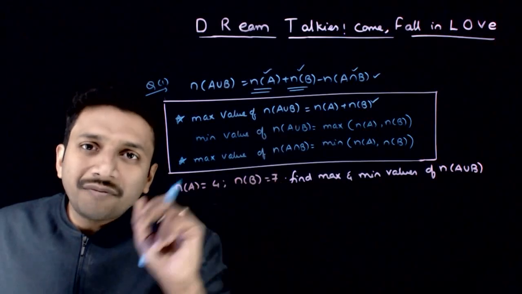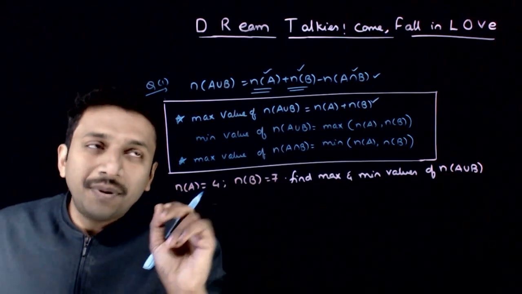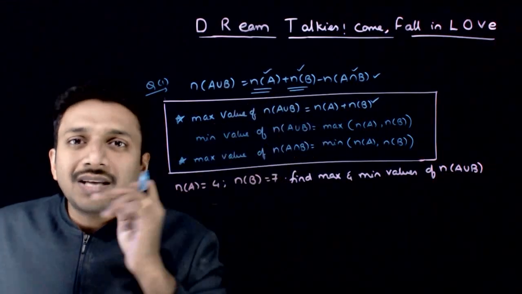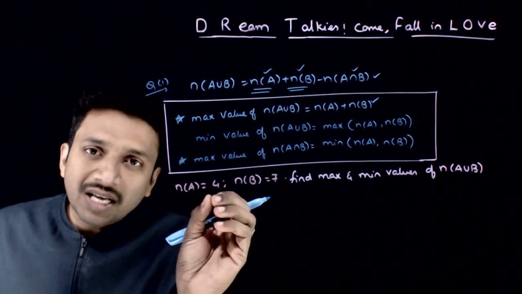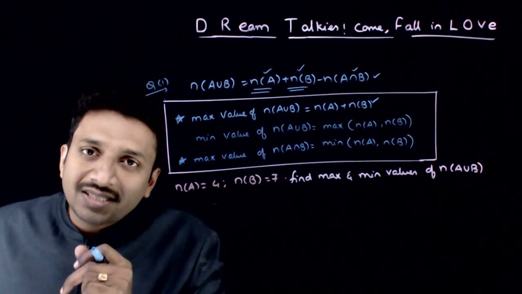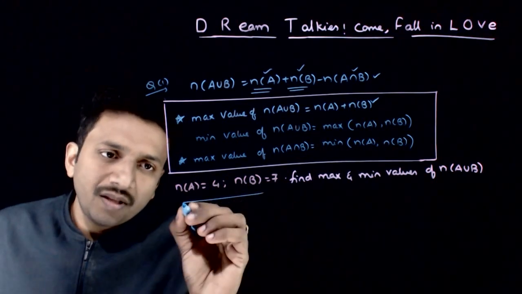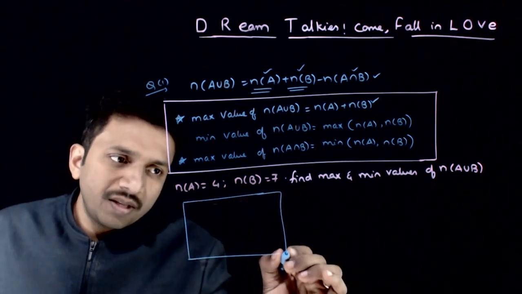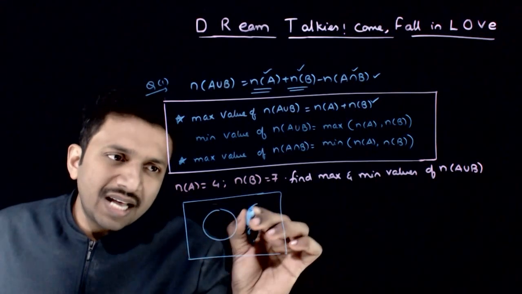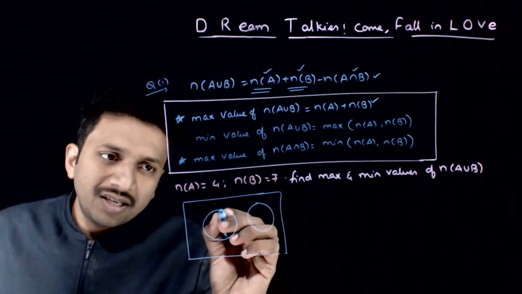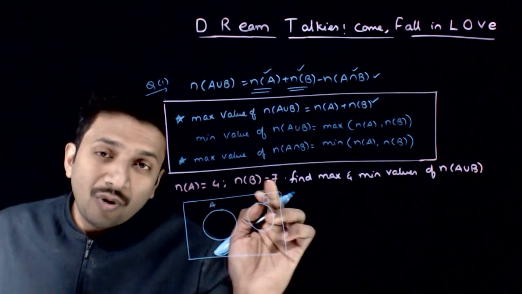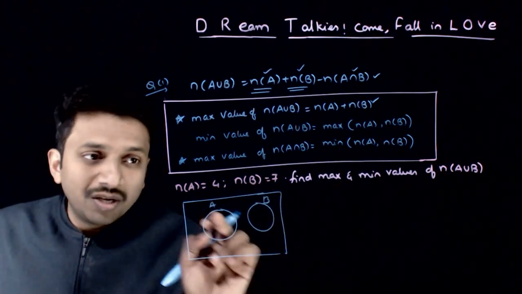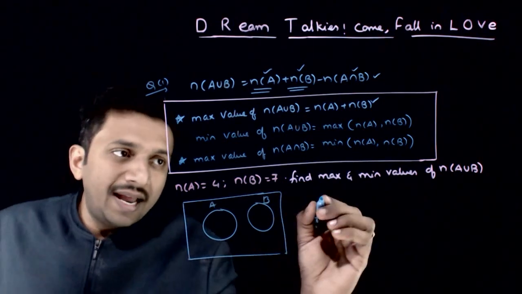The minimum value of A union B will happen when one set goes inside the other set. Assume that you have one set which has 4 elements, the other set which has 7 elements. If these two sets are disjoint, then A union B will contain 4 plus 7, that is 11 elements, because there is no intersection.